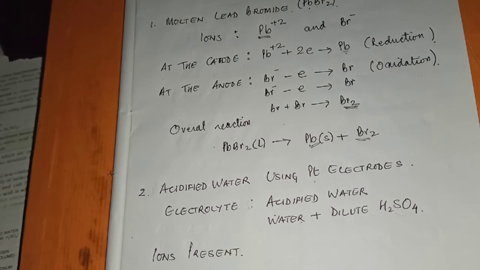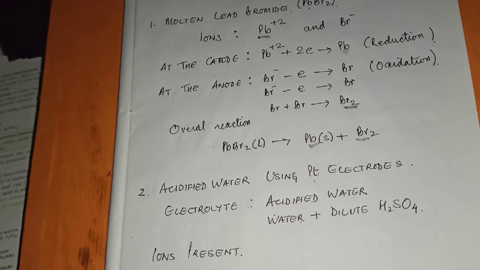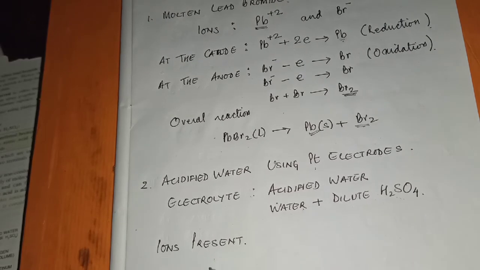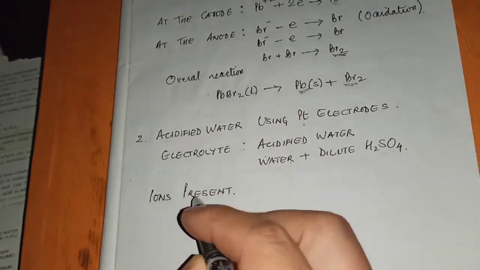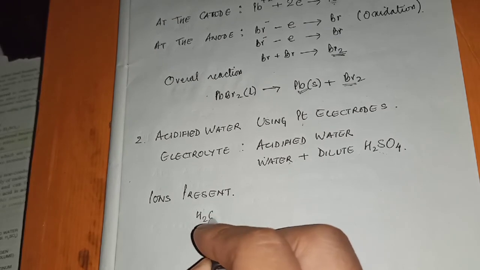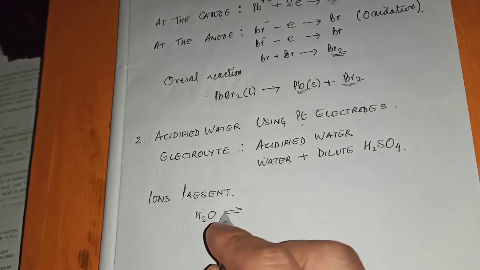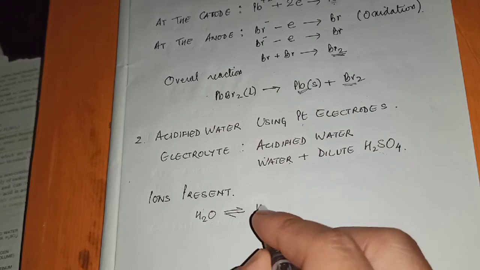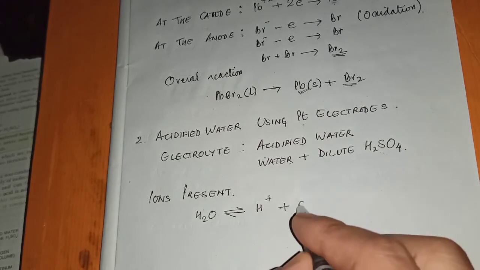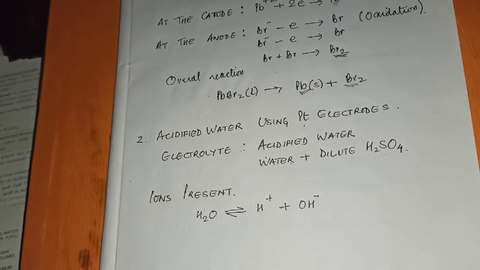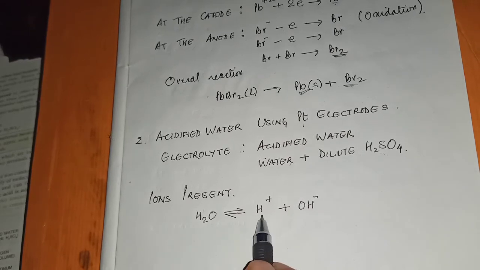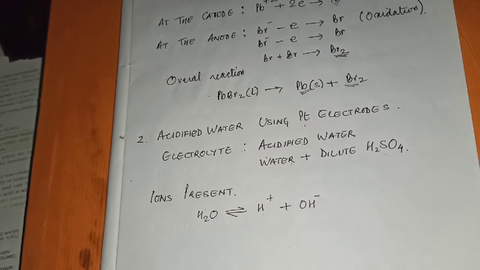So now they will create ions. What are the ions present? Let's see. Water will ionize to give H plus and OH minus ions. These are the ions produced after ionization of water.